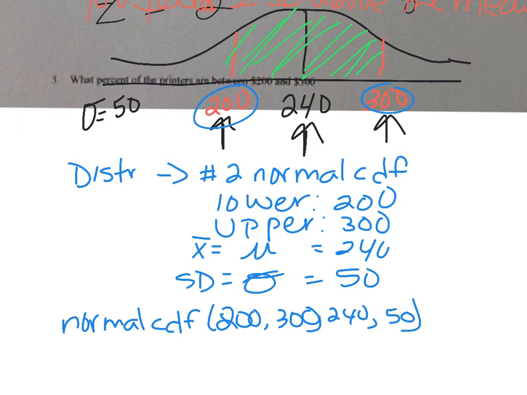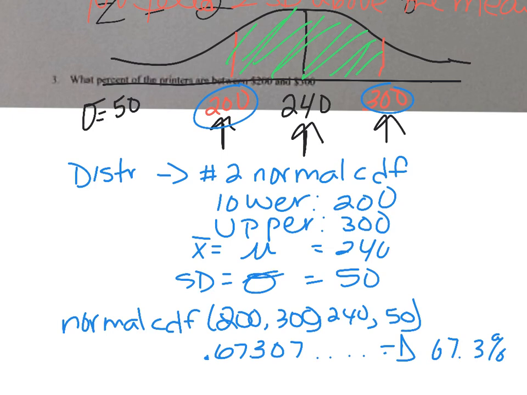Okay, press enter. Press enter, and you'll get the same number. You're going to get 0.67307, the same number that we got before, which is approximately 67.3%.